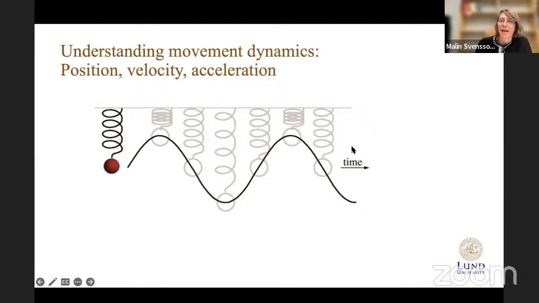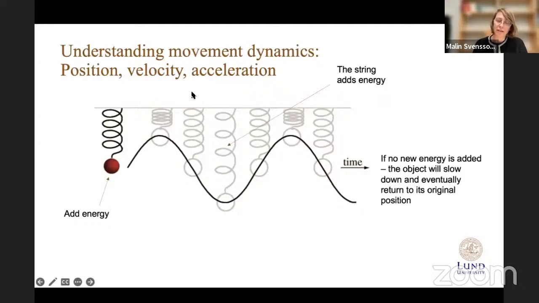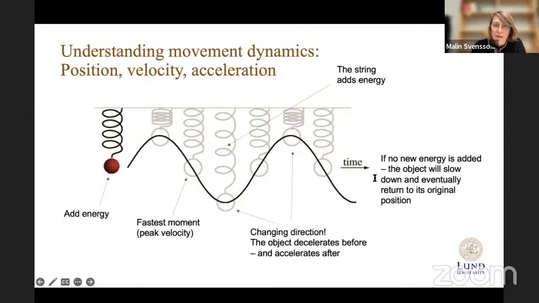If the object is attached to a string and the string is stretched, the object begins to move. You add energy and the string itself adds energy. And if no new energy is added, the object will slow down and eventually return to its original position. So the object has its fastest moment as it passes the starting point, and then it decelerates just before it changes direction.